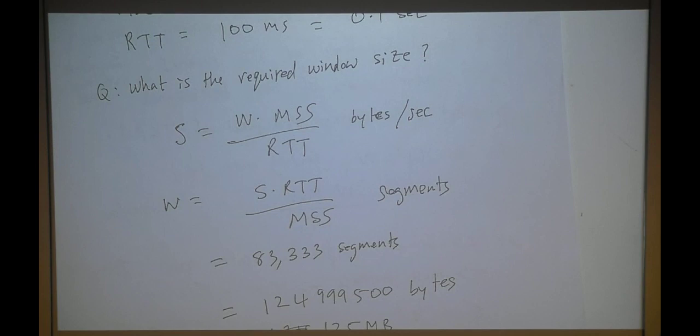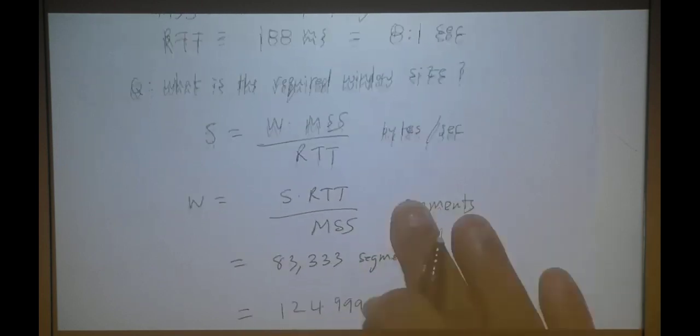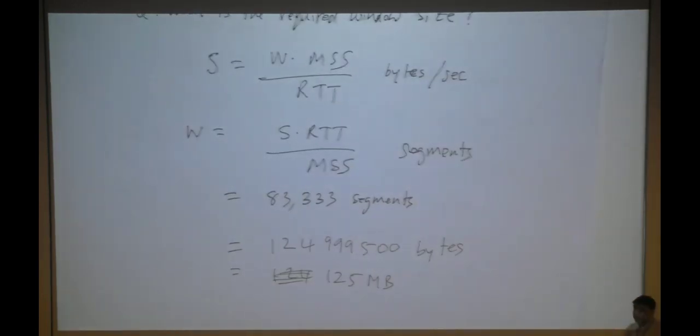Is that correct? Yeah, so the point is, I need a window size of 125 megabytes to fully use this great fractional T1 line that I bought. Is this possible? Can I actually use this great service that maybe I'm paying like $1,000 a month for?